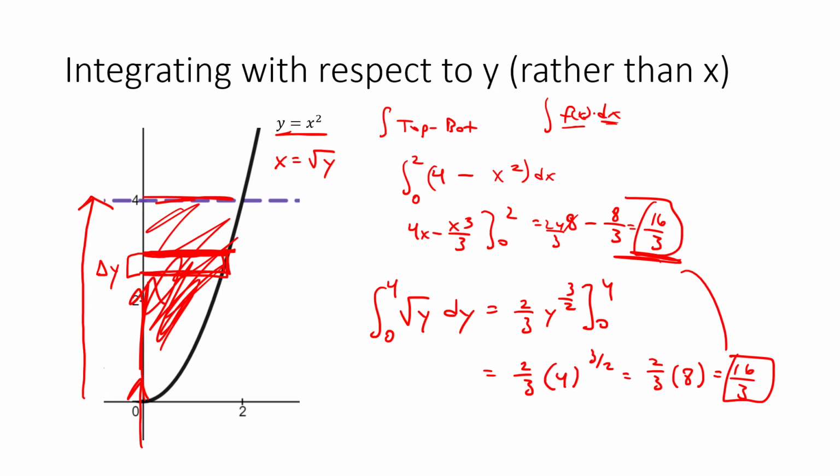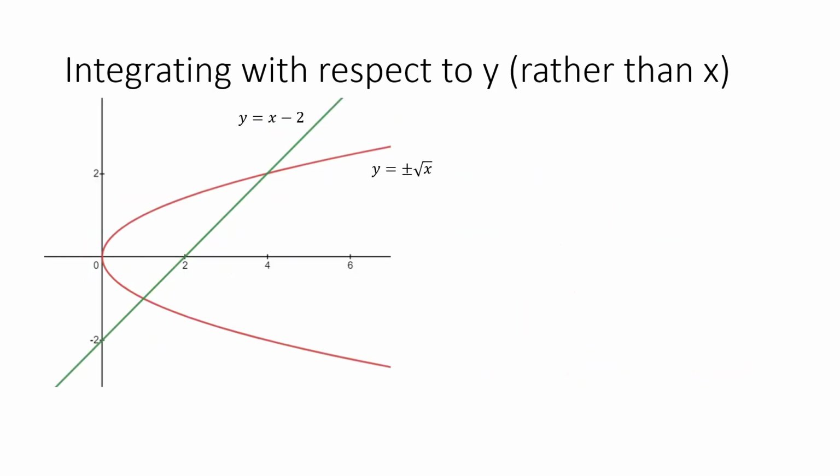Now, why on earth would we want to do that? Well, here's an example. Let's say we were trying to find the region bounded by these two things. If we were to do this with respect to x, and we could, it would be a little difficult because the top and bottom functions change as we move across the region.